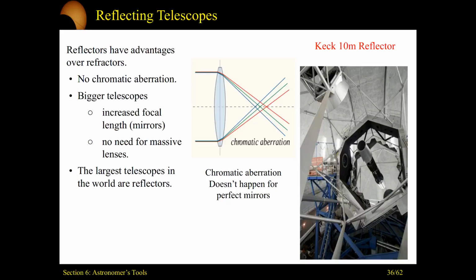Our reflecting telescopes are going to have a lot of advantages over the refractors. For starters, there is no chromatic aberration. If you have a perfectly smooth, flat surface, there will be no color dispersion here. So you don't have to worry about trying to use adaptive optics to fix the colors that are being split apart. Also, you can get bigger telescopes, bigger in the optical sense, right?